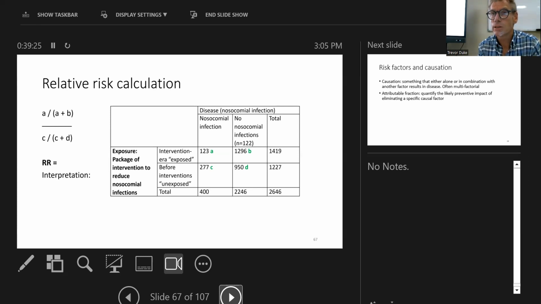That's right. That's exactly right. Or another way of saying it would be that the intervention led to a 61% reduction in nosocomial infection, a 60% reduction in nosocomial infections, isn't it? Does that make sense? Yeah. Because your relative risk is 40%, 0.4. Okay.